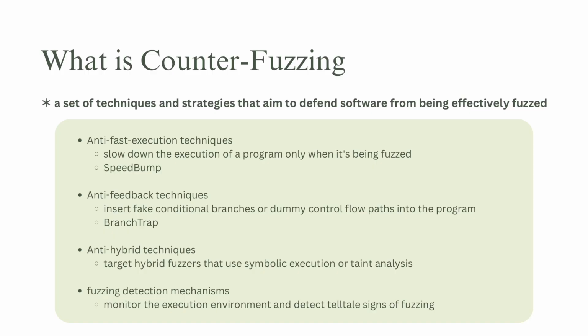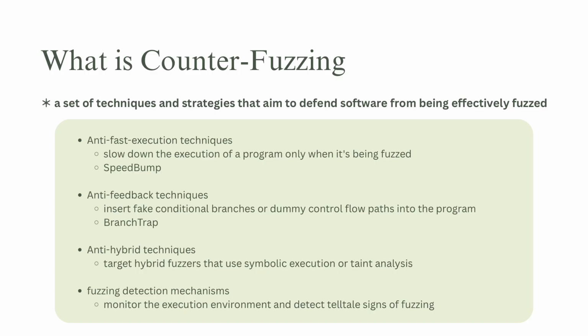In reality, it's just burning time and computation on non-buggy, misleading paths, which are carefully designed to waste its resources. Even worse for the fuzzer, techniques like BranchTrap can saturate the fuzzer's internal coverage maps, effectively blinding it to meaningful change in execution.